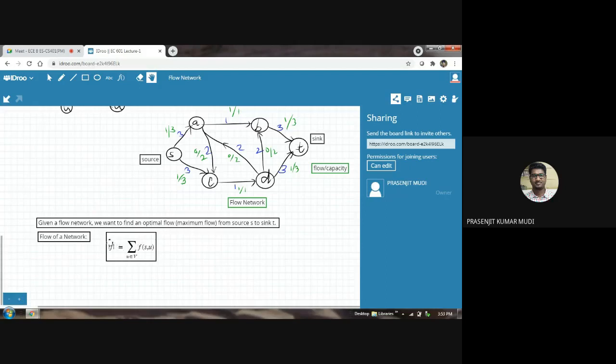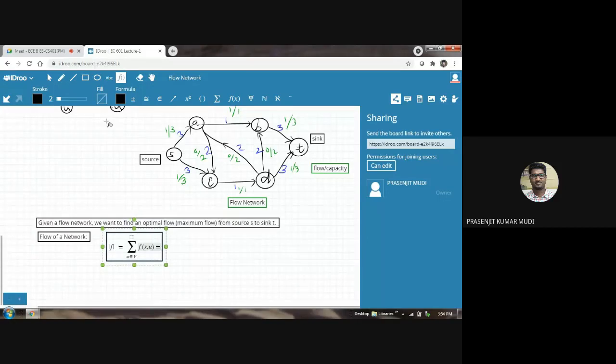And flow of a network means overall network is now defined as the summation of all those outgoing flows from the source. That is 2. So flow of this example network is 2. That is the definition.